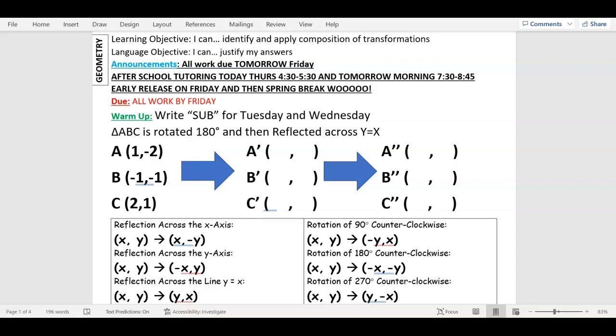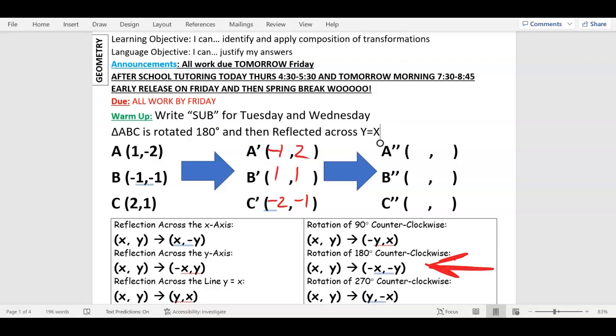Very good. Let's write that down. And then negative 1, change both of the signs, becomes positive 1, positive 1. And then positive 2, positive 1, change both signs, negative 2, negative 1. Cool. Does everyone see that I use this rule right here by changing both signs?